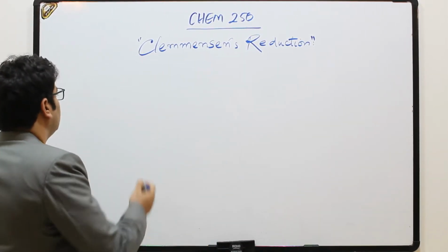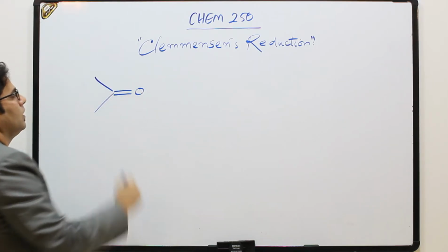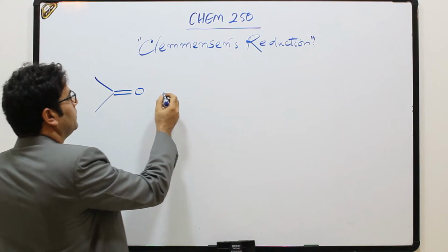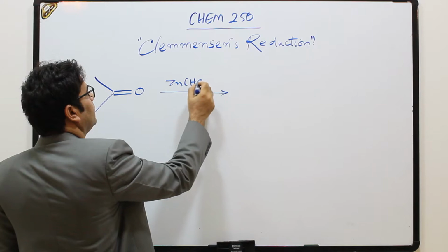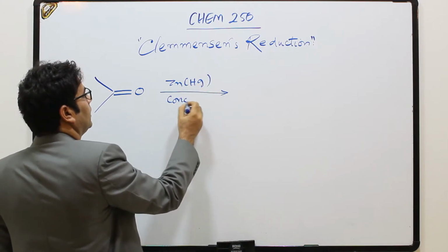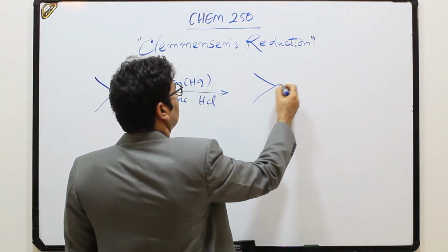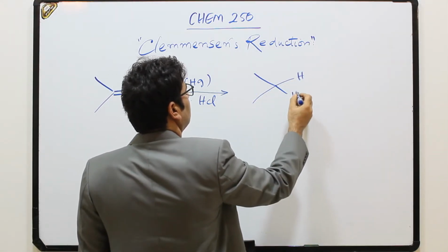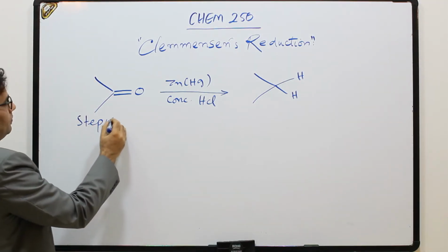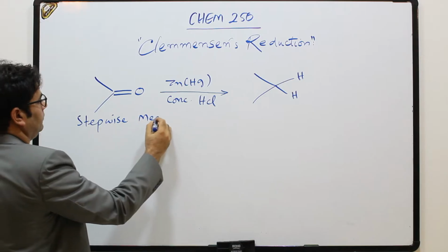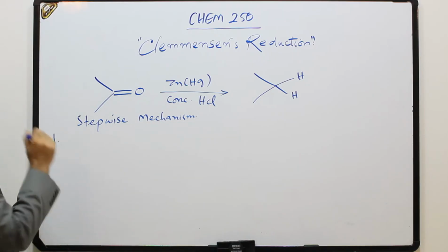So let us show the general mechanism. This carbonyl group, in presence of zinc mercury amalgam and concentrated HCl solution, gives the alkane, so we can make here two hydrogens. Now the stepwise mechanism. Step number 1.